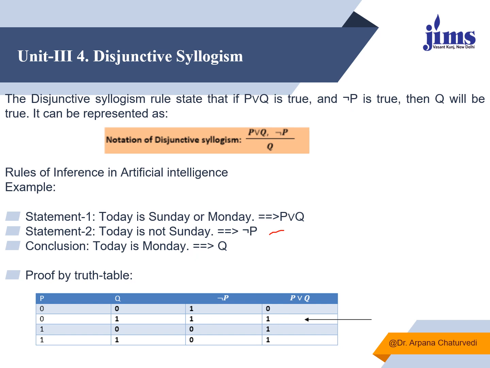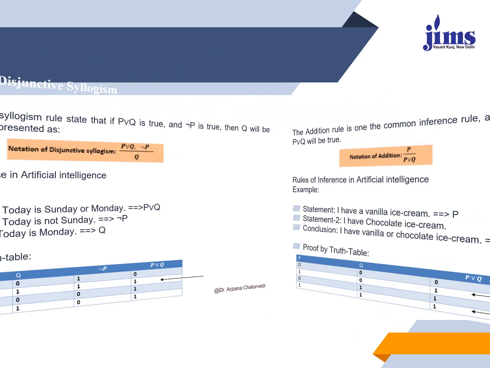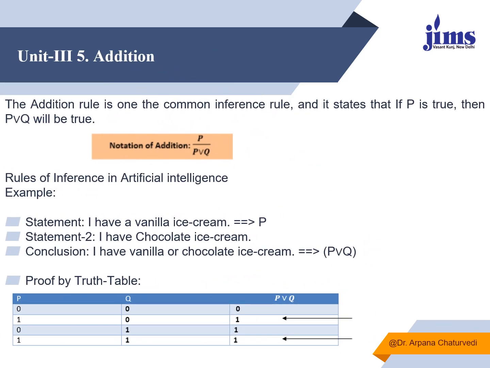Now we'll see further. Addition. The addition rule says that if P is true, then P or Q will be true. See, I have a vanilla ice cream. This is true. Then I have a chocolate ice cream. This is also true.